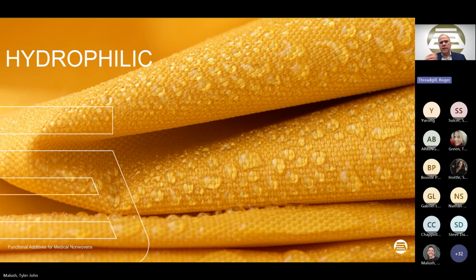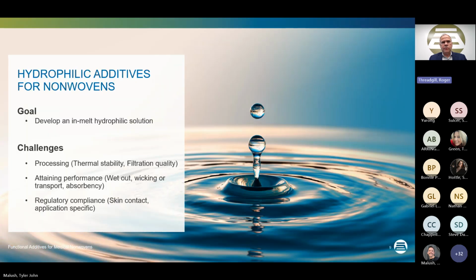So our first category is hydrophilics, and on to the next slide. And a good definition for hydrophilic is having a tendency to mix with or dissolve in or even be wetted by water. So we're looking for a water-loving material. And most of the synthetic polymers used in man-made nonwovens are derived from petroleum-based materials.